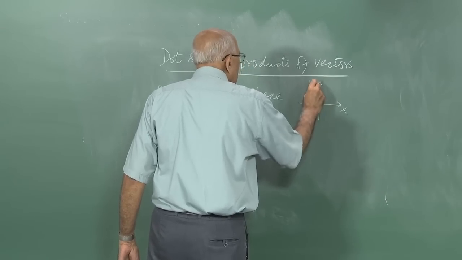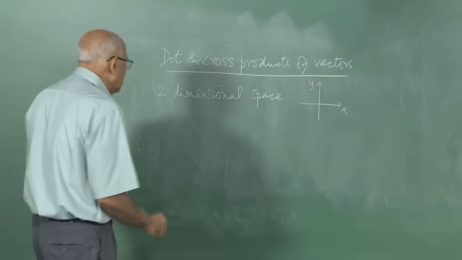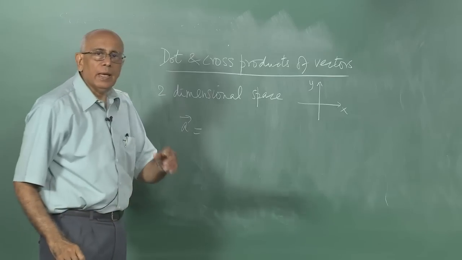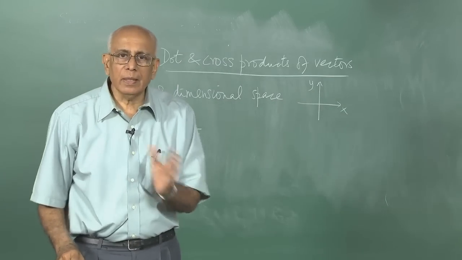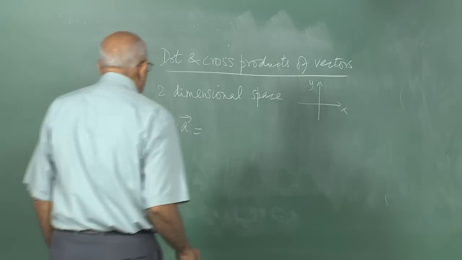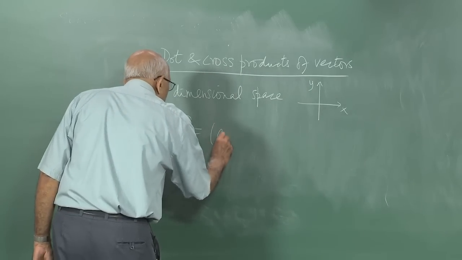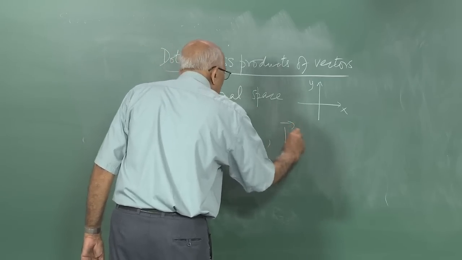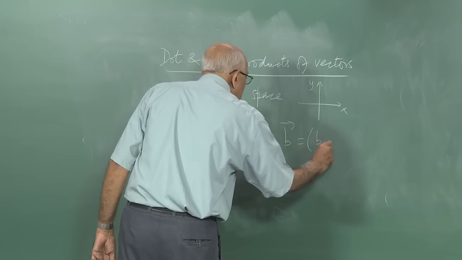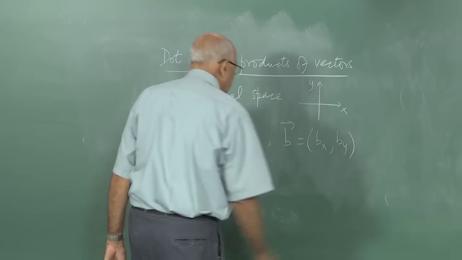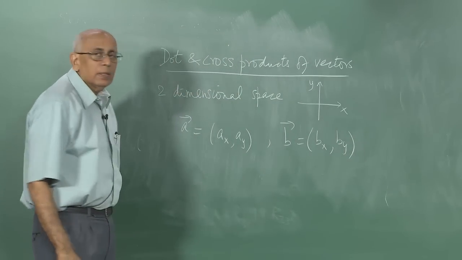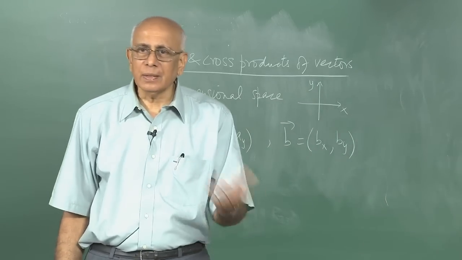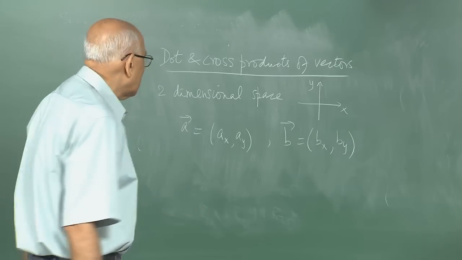In this space if you have a vector A and it has components A_x and A_y, and another vector B which has components B_x and B_y, then the question that we can ask is, can we form scalars from these vectors? We have already seen how to do that in the simplest case.